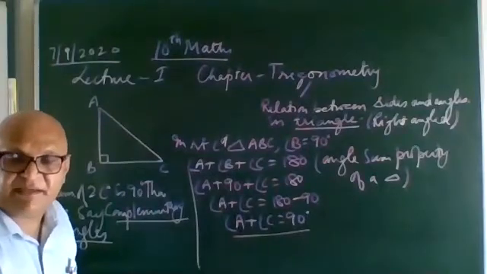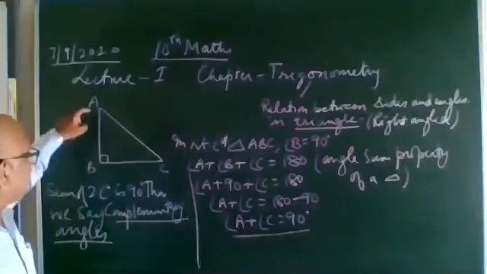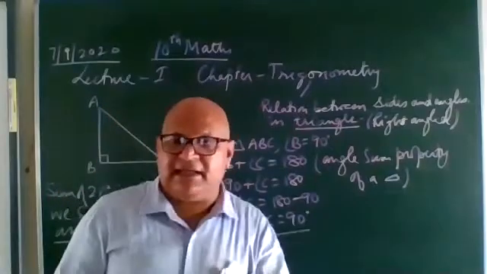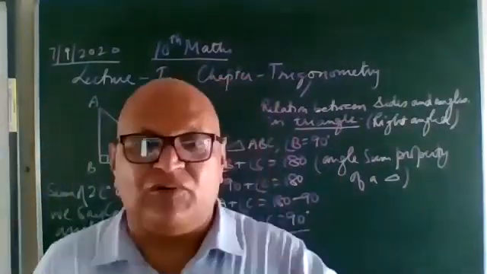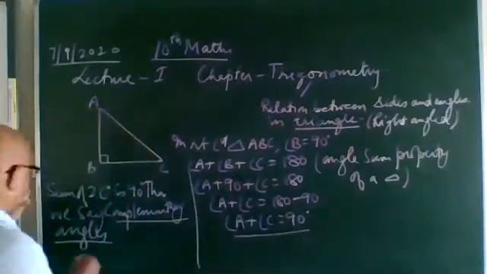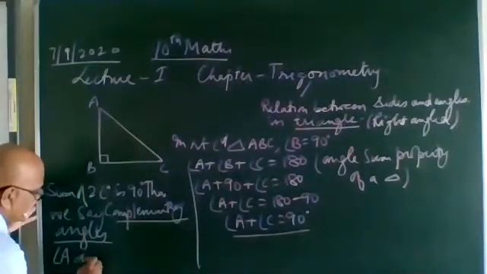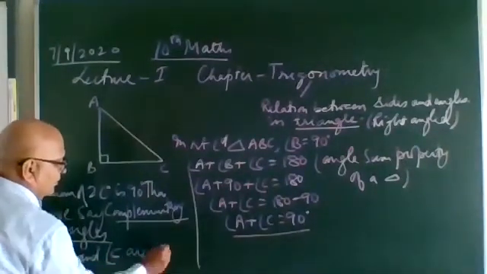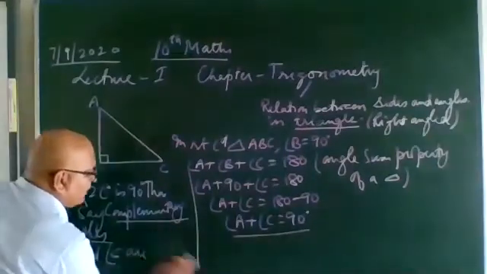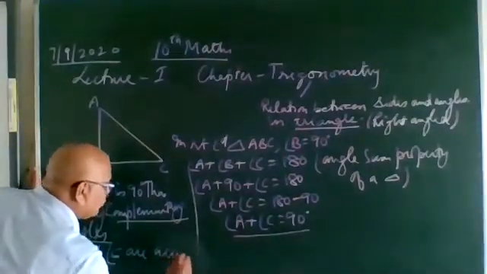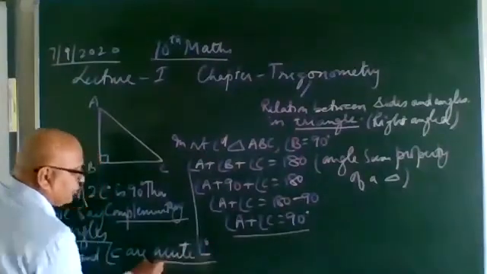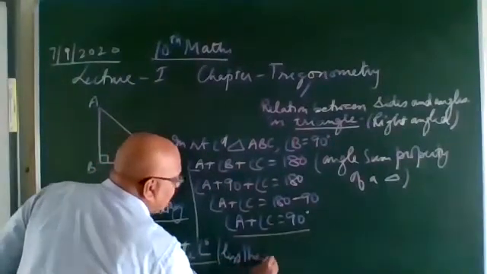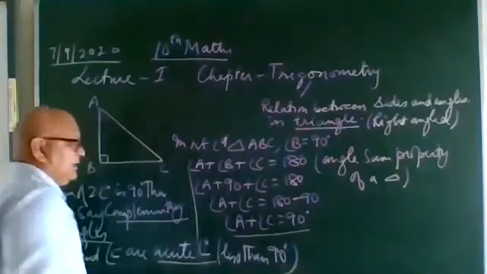Acute angles are less than 90 degree, because in a right angle triangle one angle is 90 degree, so angle A and angle C are acute angles. Acute angles are less than 90 degree.